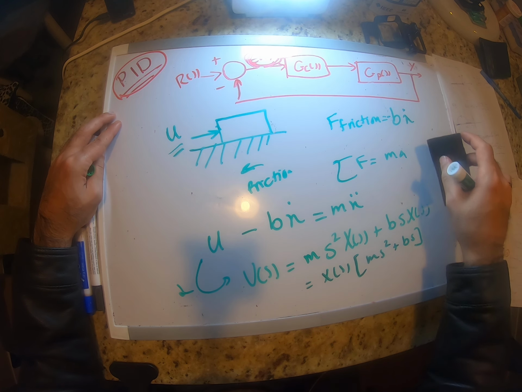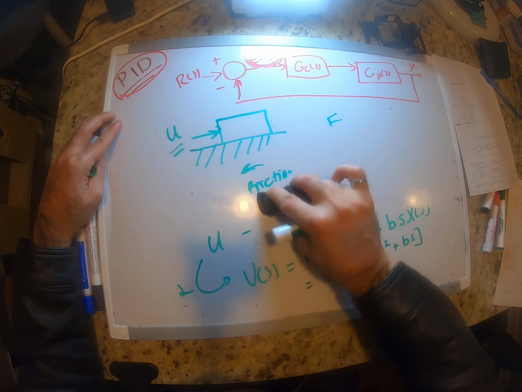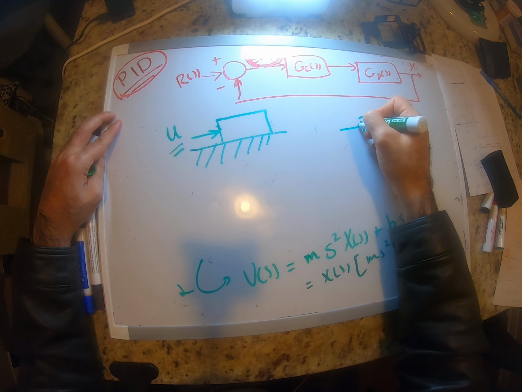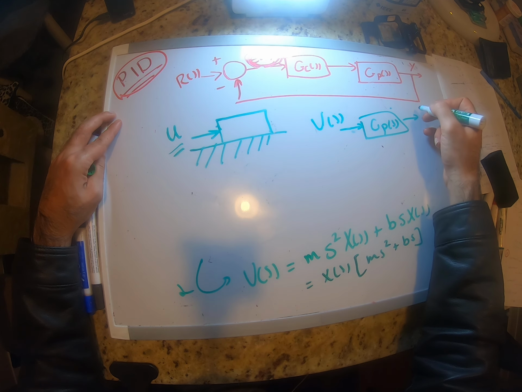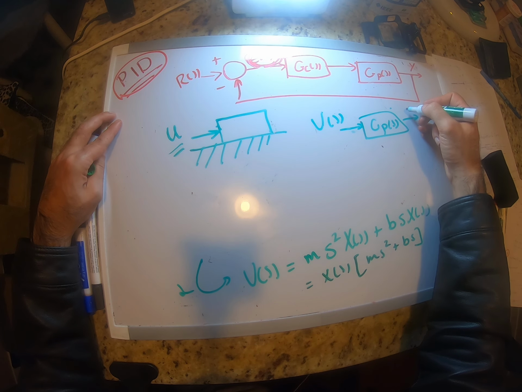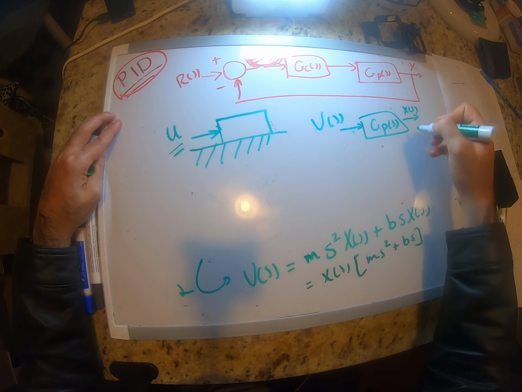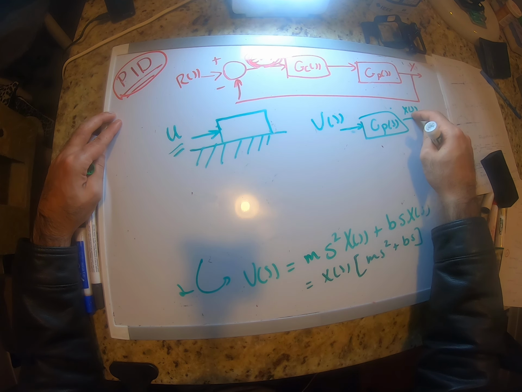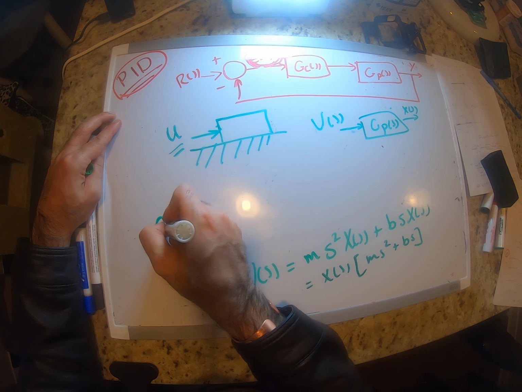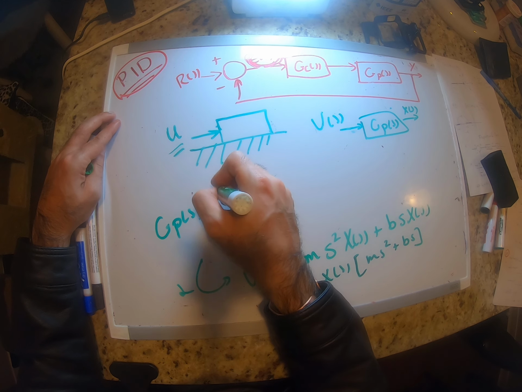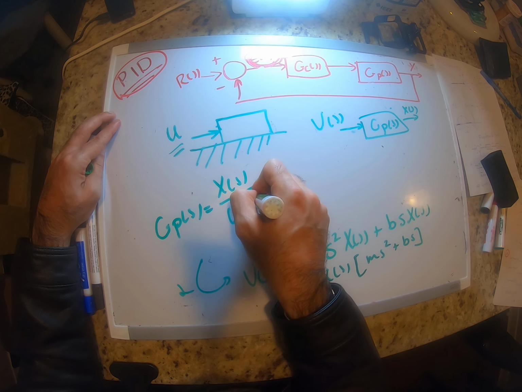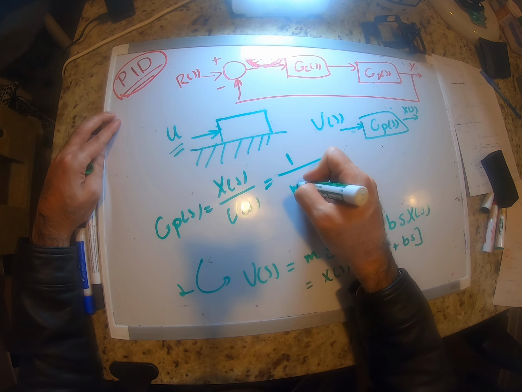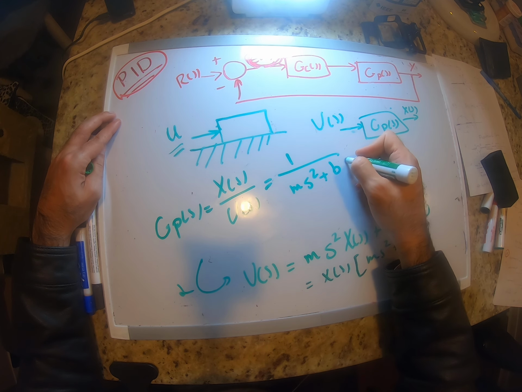Right? So the plant transfer function, which is gonna give us the ratio of X divided by U, is gonna be 1 over ms squared plus bs.